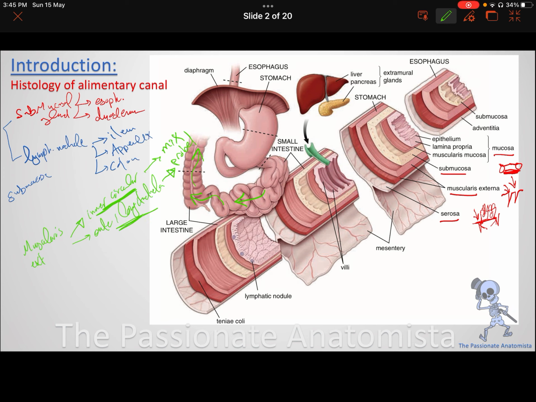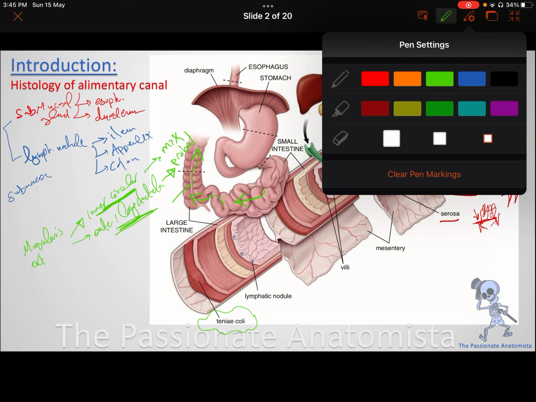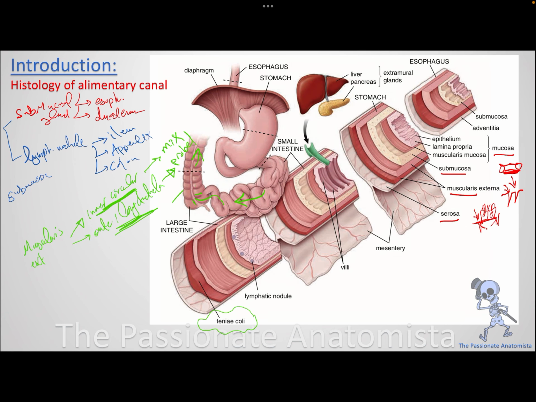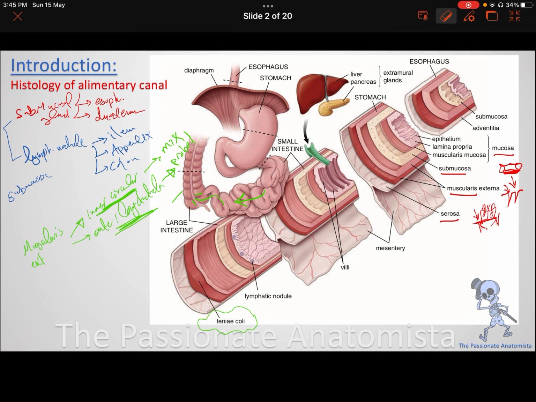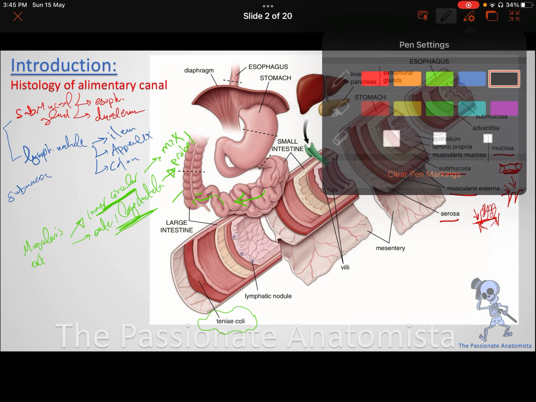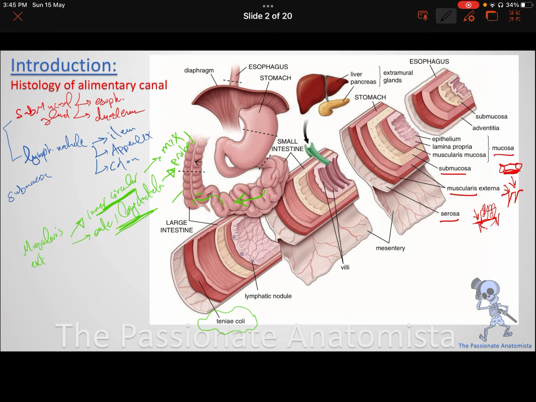For the outer longitudinal, we have also a modification as these muscles send fibers to form the tinea coli. So the tinea coli that are wrapping around, if you guys look at this, let me just try to delete here. Can you guys see this? Okay, so this is actually the tinea coli.